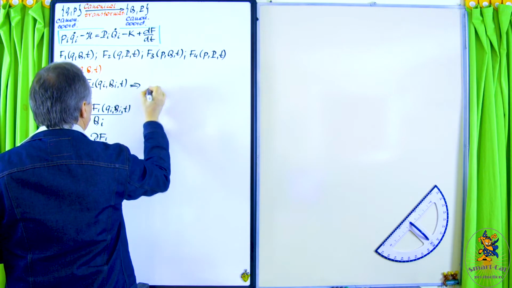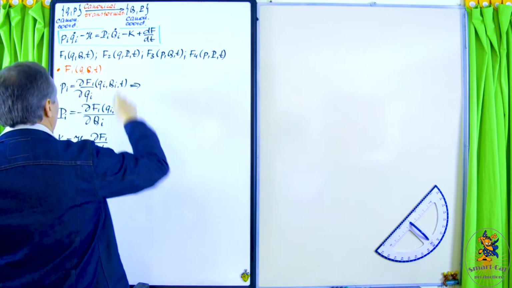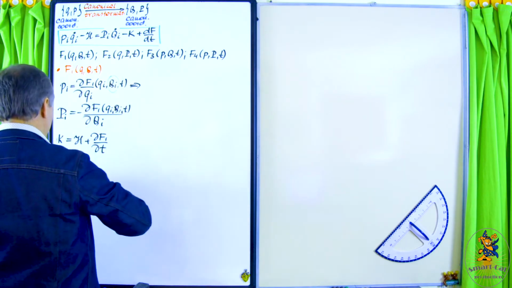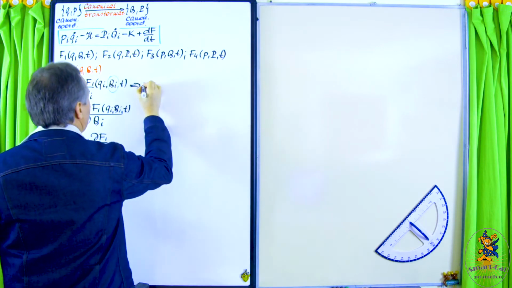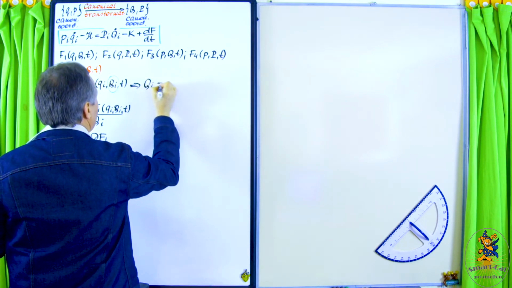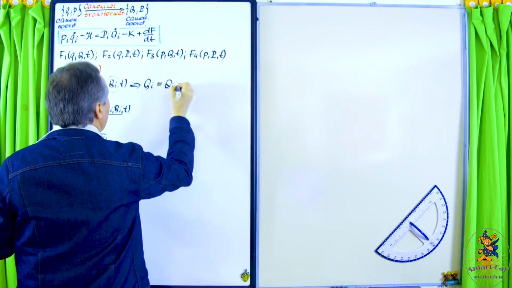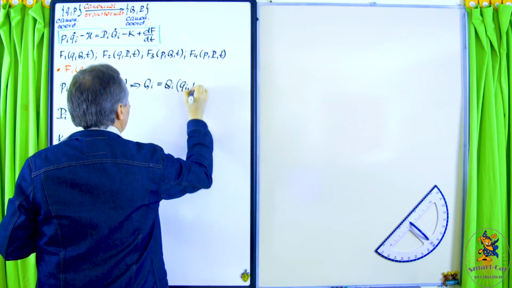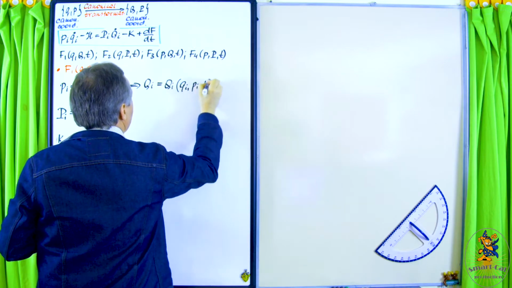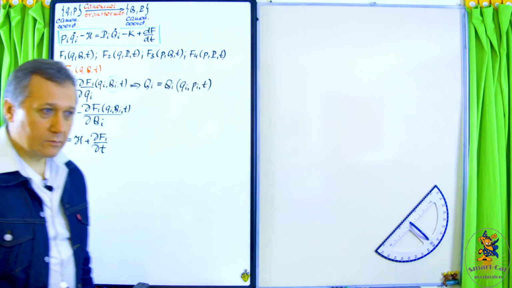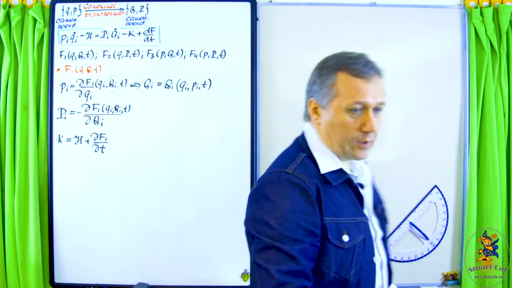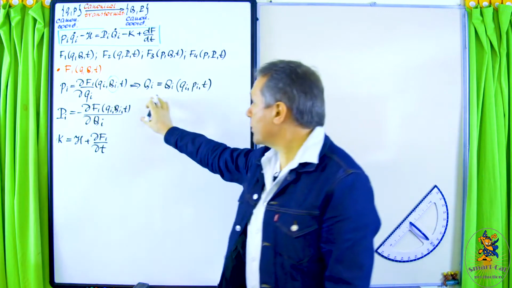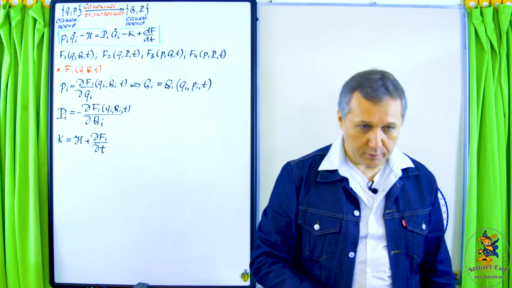So we solve it basically for this. And as a result, we'll get the first transformation equation, q capital equals a function of q small, p small, and time, which of course will give us a canonical transformation.